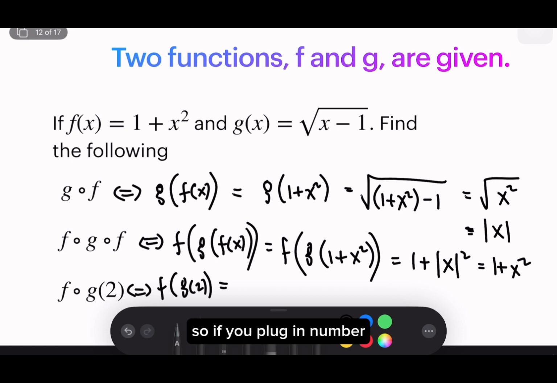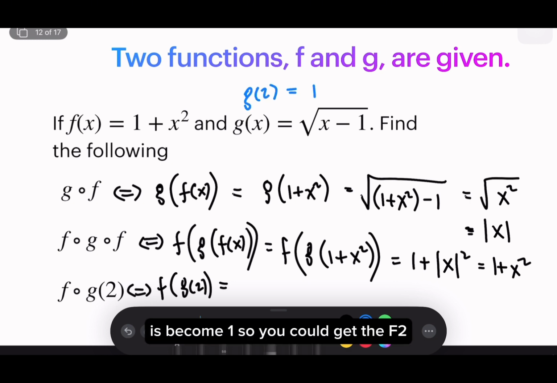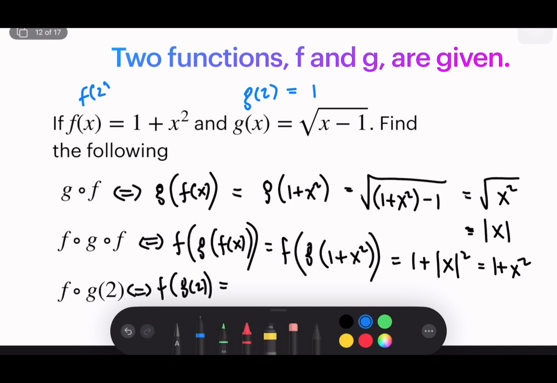So if you plug in a number, for example, if g of 2 becomes 1, then you could get f of 1 is 2, right? So f g of 2 is 2. Or you could find the functions first.